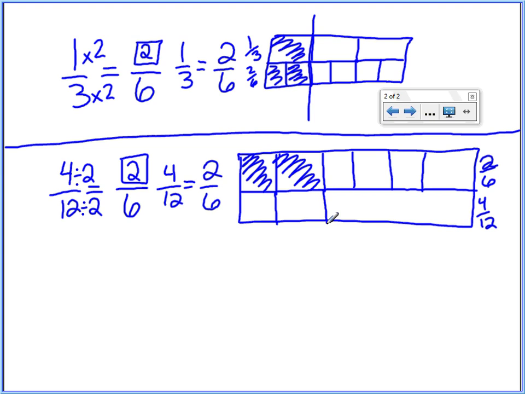I'm just going to pull these 6's down because 6 is half of 12 and I can use it to help me draw my 12's. And I'm going to color in 4/12. Again, as you notice, they match up, so they are equivalent to each other. I'm going to do one more.